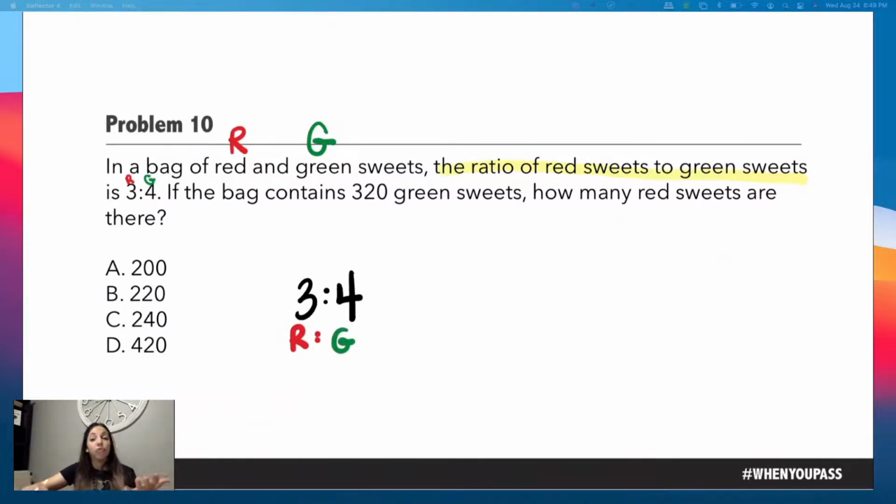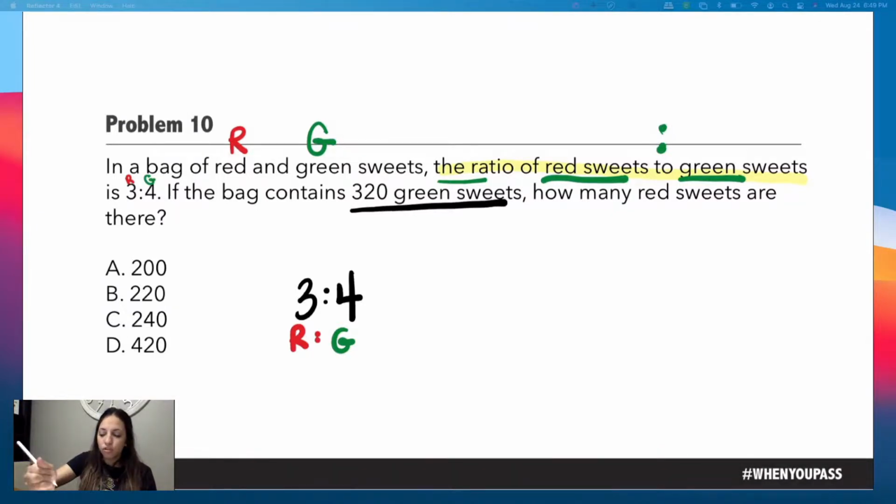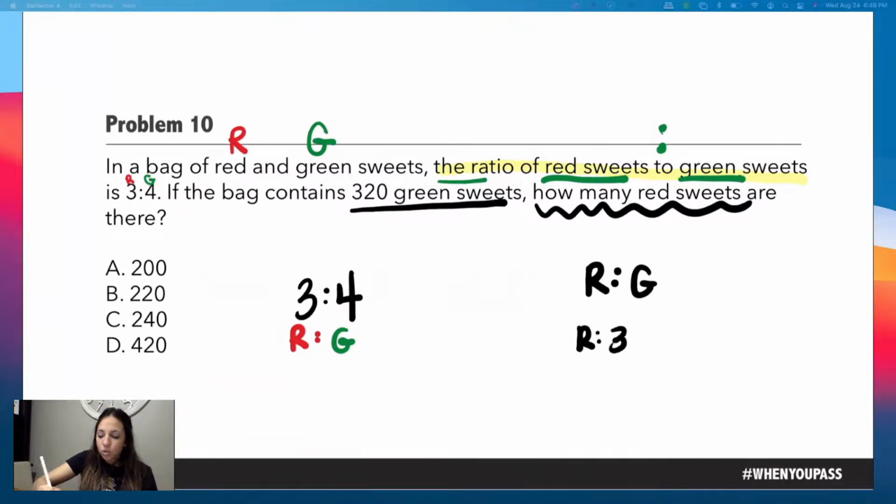Because when we talk about ratios, we are talking in order. So if they say the ratio of red to green, that means I'm looking at red first and then green second. Then it tells us if the bag contains 320 green sweets, how many red? So I'm looking for how many red, and they tell us that the bag has 320 green.